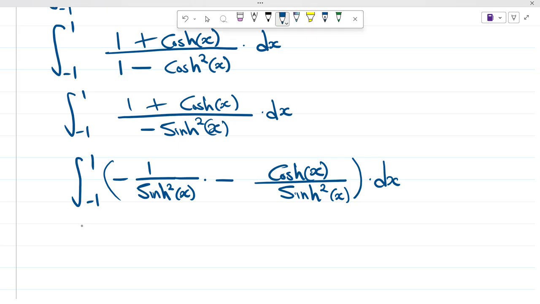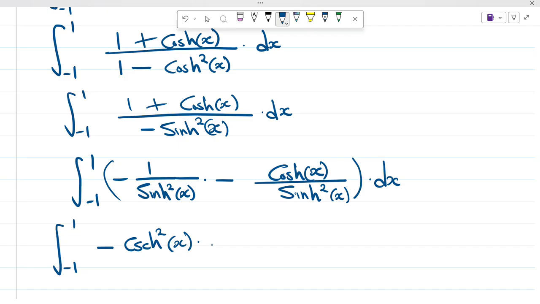And then from here, what are we going to do? We are going to change these things to their equivalence when it comes to reciprocals. So it's going to be negative 1 over sine, which when it comes to reciprocal is the same as negative CSCH squared of x.